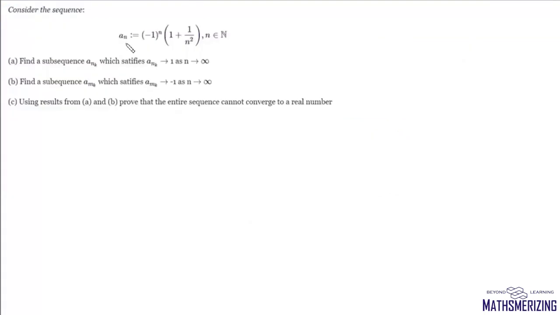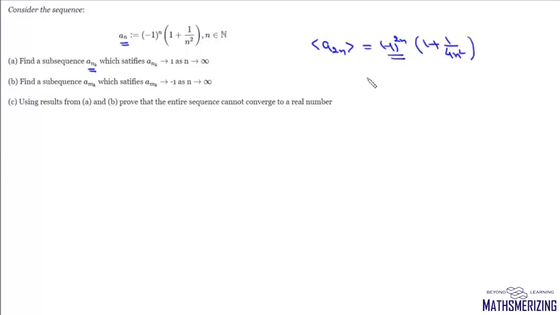Say for example, we are given the sequence an which is minus 1 to the power n, 1 plus 1 upon n square. Now it says find a sequence ank which satisfies ank, it approaches 1 as n tends to infinite. Now one such subsequence could be this a2n. Now a2n will have minus 1 to the power 2n and then 1 plus 1 upon 4n square.